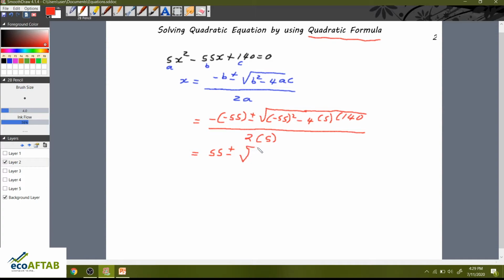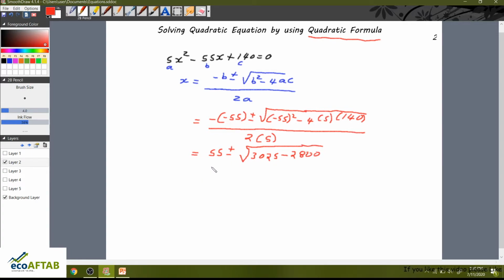If you see here, we have minus 55 square is 3025 minus 4 into 5 into 140, this will be 2800.